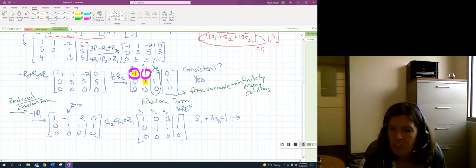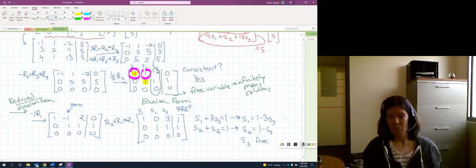The convention is that you solve for your leading variable, so S1 is equal to 1 minus 3S3. The second row tells us that S2 plus S3, this should be a 3, equals 1. Solve for the leading variable, so S2 equals 1 minus S3, and S3 is a free variable.